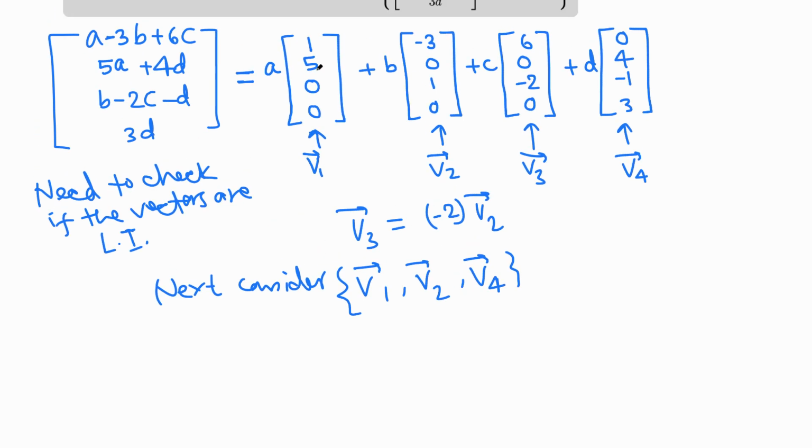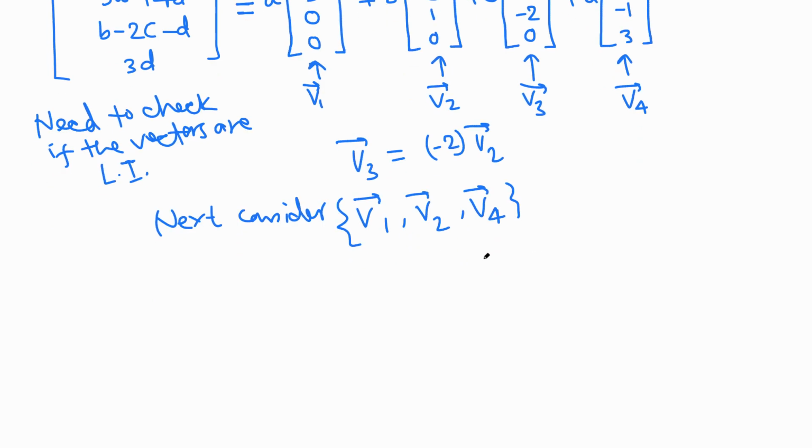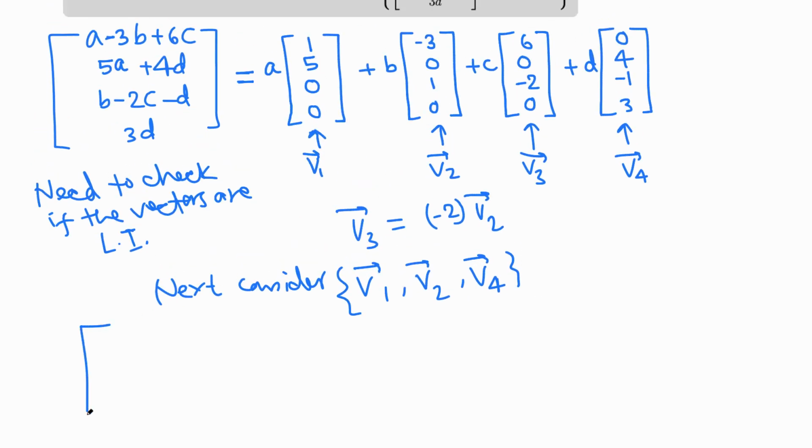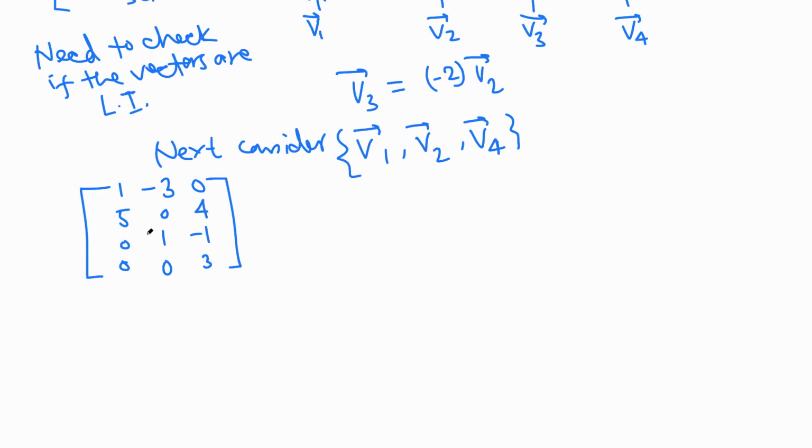So how can you check that? We got 3 vectors. We can always row reduce. That always works. 1, 5, 0, 0, negative 3, 0, 1, 0, and now 0, 4, negative 1, 3. We want to row reduce and see how many pivots we get. Let's make this 0.